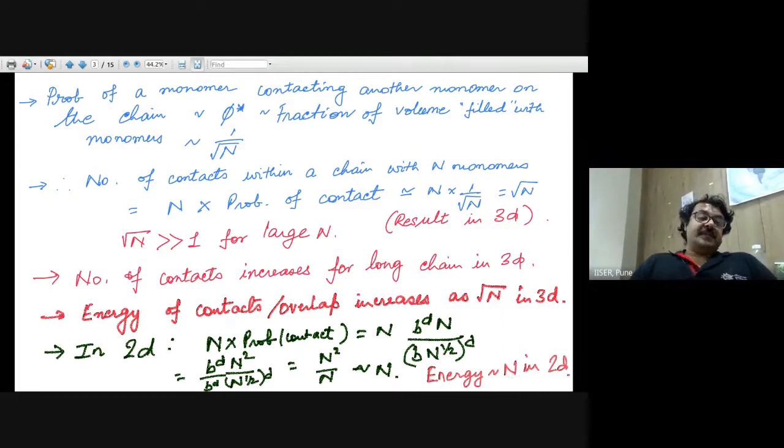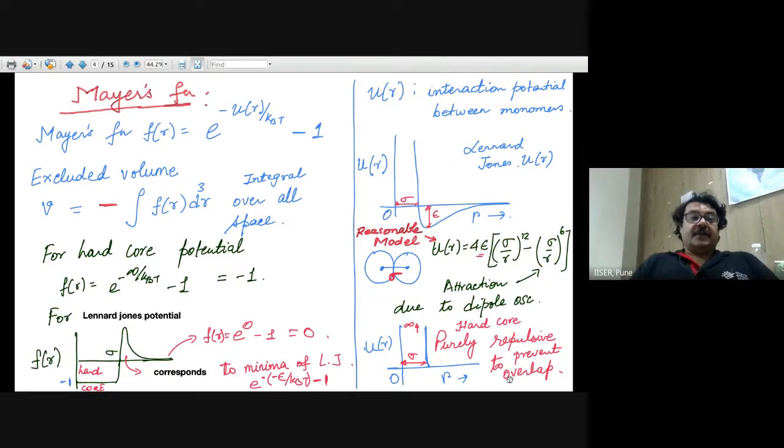As a consequence, in 2D, the Flory exponent is not 3 by 5, which is the result for 3D, but in 2D it is 3 by 4, actually, right? So it swells even more in 2D because the energy of contact between monomers of a single polymer chain, because of finite excluded volume, is even more for 2D. The effects are much more, so it swells more. So that's the result. Okay.